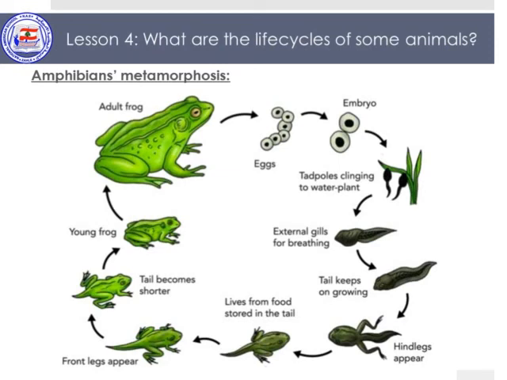After growing legs, the tail of the tadpole will become shorter and shorter, and the tadpole will start to develop lungs because when it transforms into a young frog, the frog lives on land, so it breathes using lungs and not gills. And then after that, the young frog will continue growing until it becomes an adult frog. And then the cycle can repeat itself. And this is what we call a frog's metamorphosis.